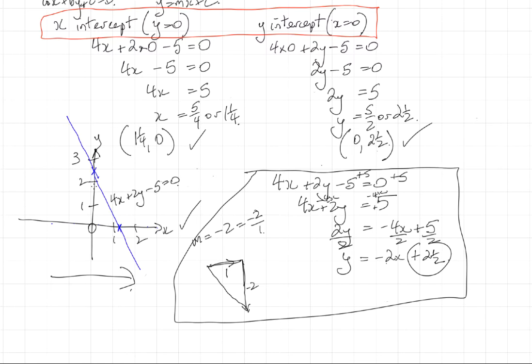Yes, that looks like it is dropping by about 2 units. And yes, the y-intercept is plus 2.5. And if we go and have a look at the graph up there, the y-intercept, which we found out by another way up here, is 2.5, where it cuts the y-axis. So there we go for linear graphs.